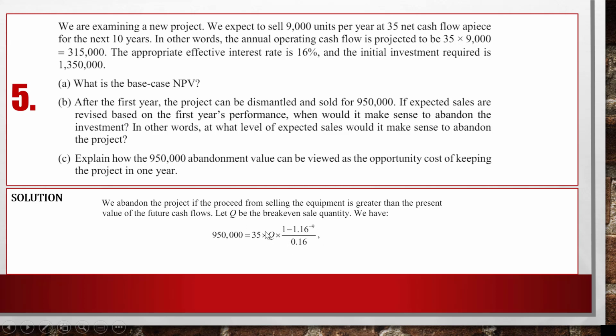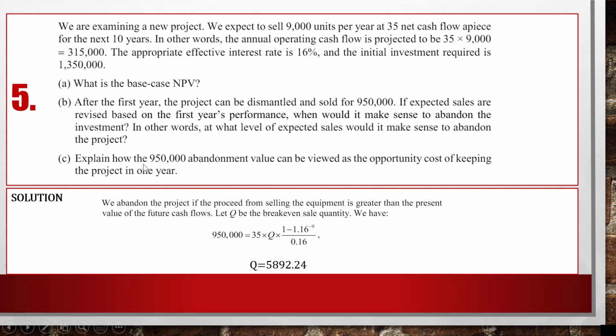From here we have an equation for Q. So go ahead and solve for Q. We got Q should be 5,892.24. So the break-even sale quantity should be 5,892 units per year from time 1.